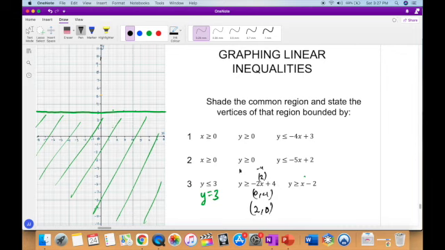So 0 on the x, 4 on the y, and then 0 on the y, 2 on the x. And we can see that that line definitely looks like a negative gradient. And that line will probably look something like this.